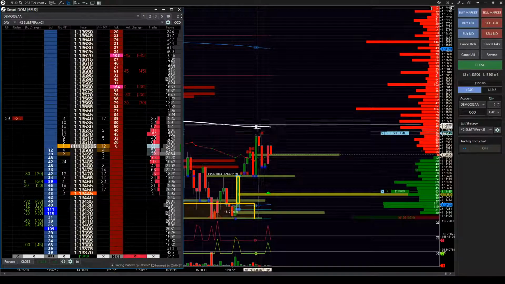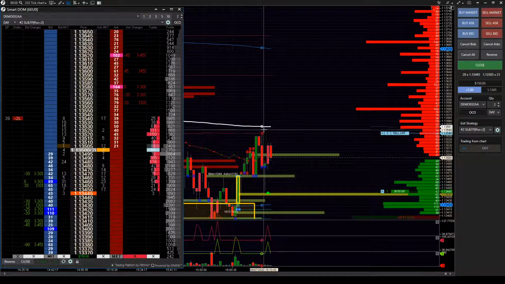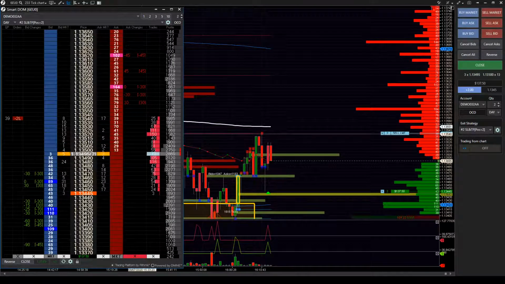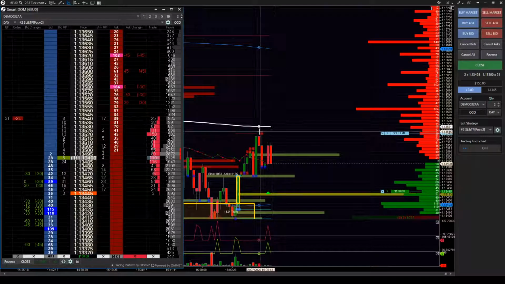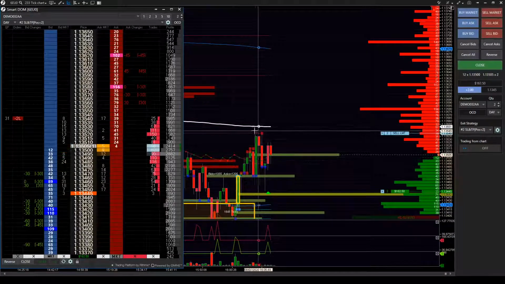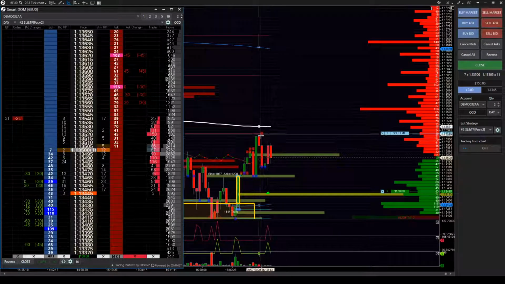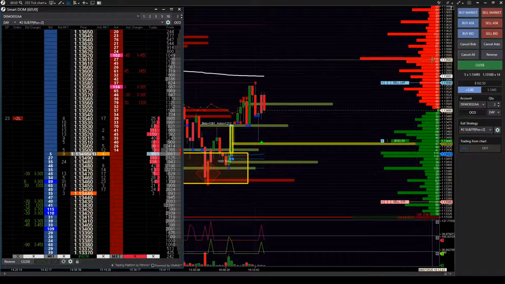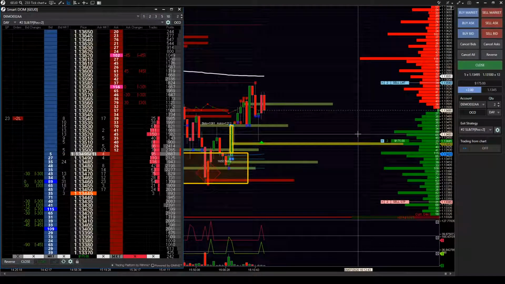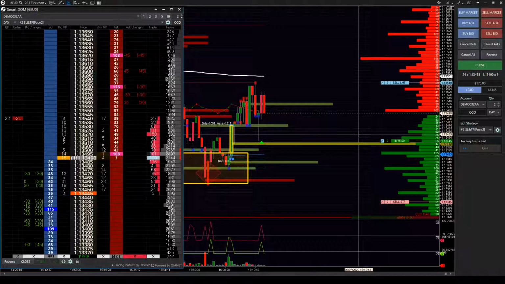This is unfinished business. See these two lines here, this line meeting here where it actually filled the gap. So it's complete. We have this liquidity on the upside, so we can use this as a possible target.